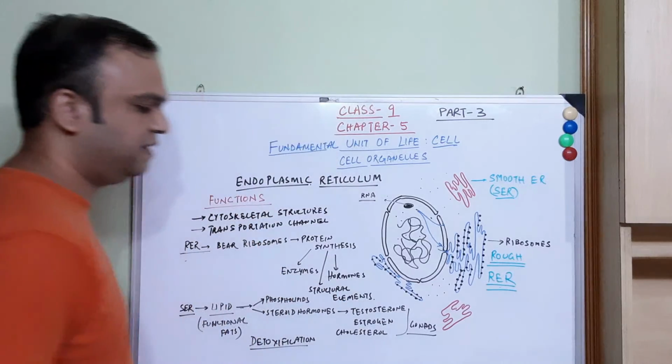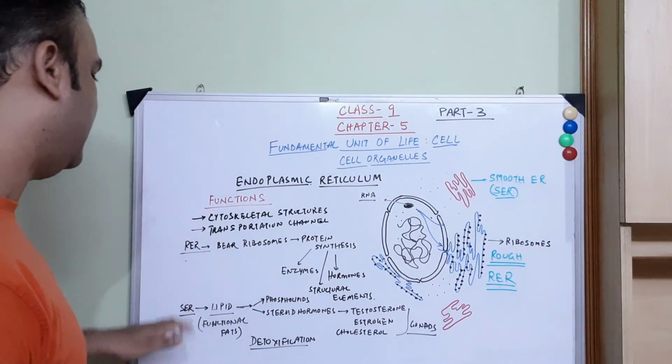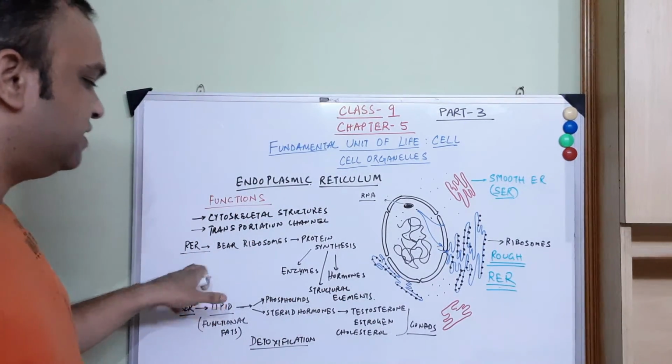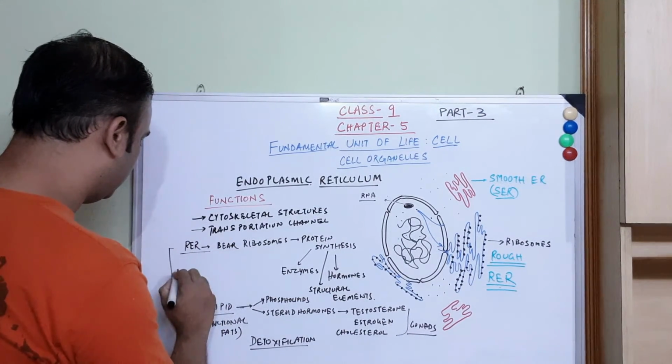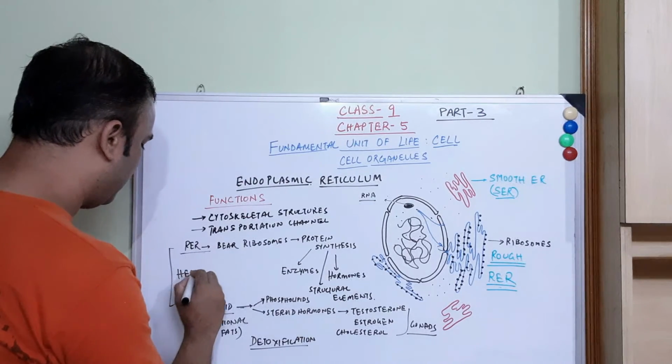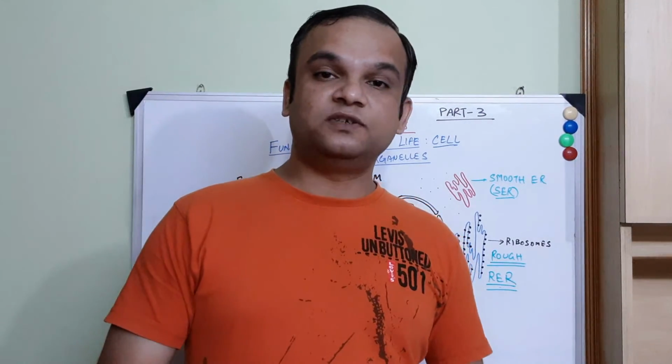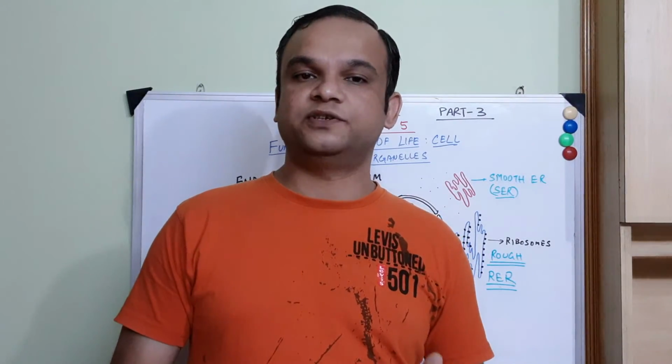In the male it is in the testes and in the female it is in the ovaries. And the rough endoplasmic reticulum and the smooth endoplasmic reticulum are both important cell organelles in the hepatocytes.